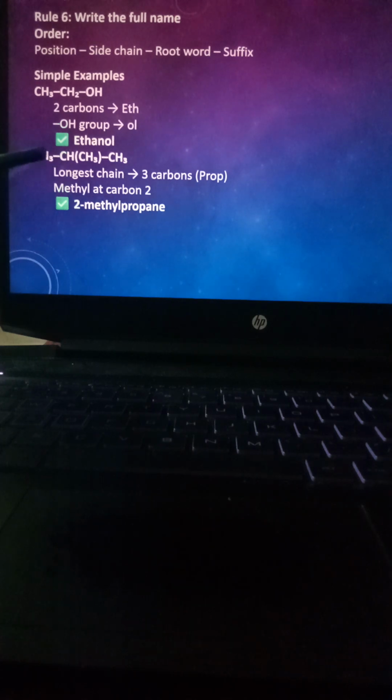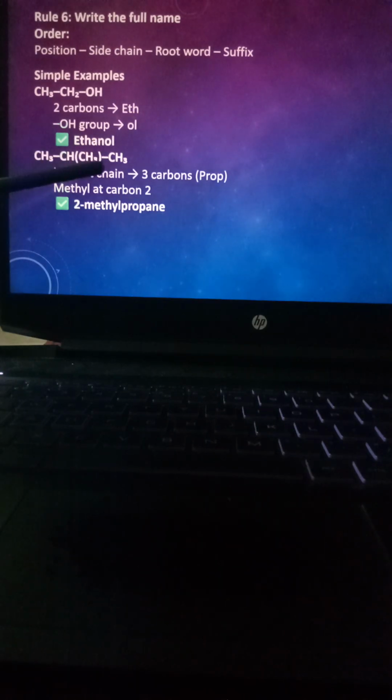Look at this example: CH3, CH, CH3, CH3. The longest chain is 1, 2, 3 only. This is a side chain, given within brackets. Again, look at the structure. The longest carbon chain contains only 3 carbons. You may ask, here 4 carbons are present, 1, 2, 3, 4.